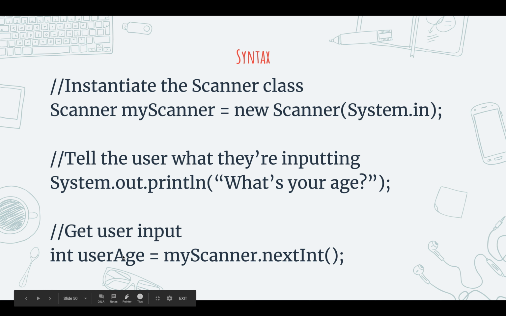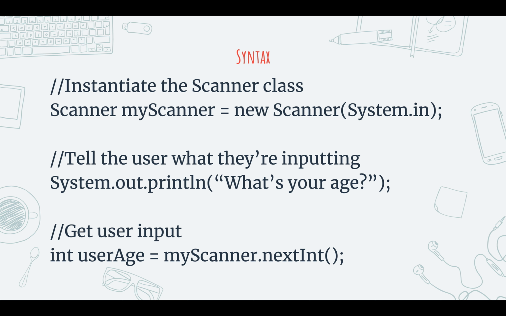This is where we're going to be storing our value. And then we access myScanner. We declared our Scanner and named it myScanner, so we have to access myScanner in order to use it. But now we have to tell the Scanner what input we want.